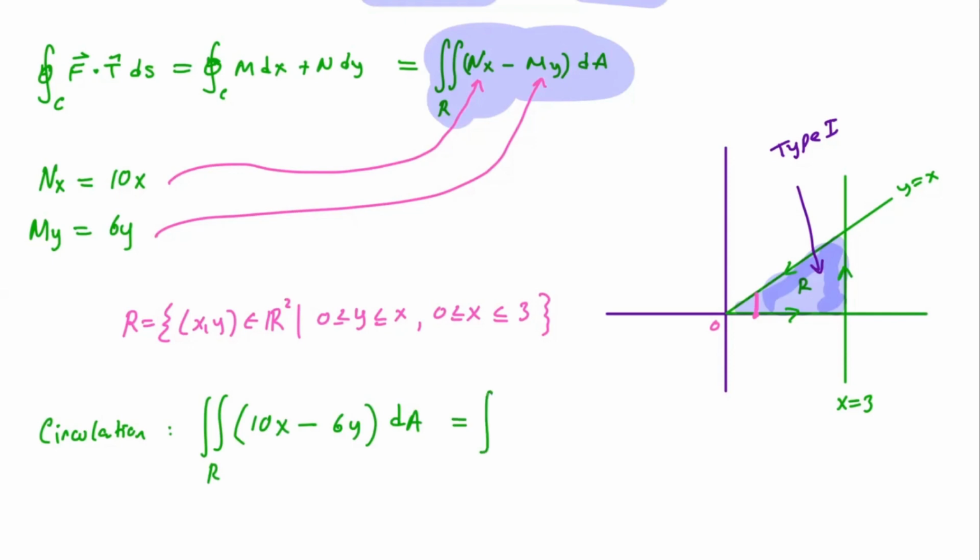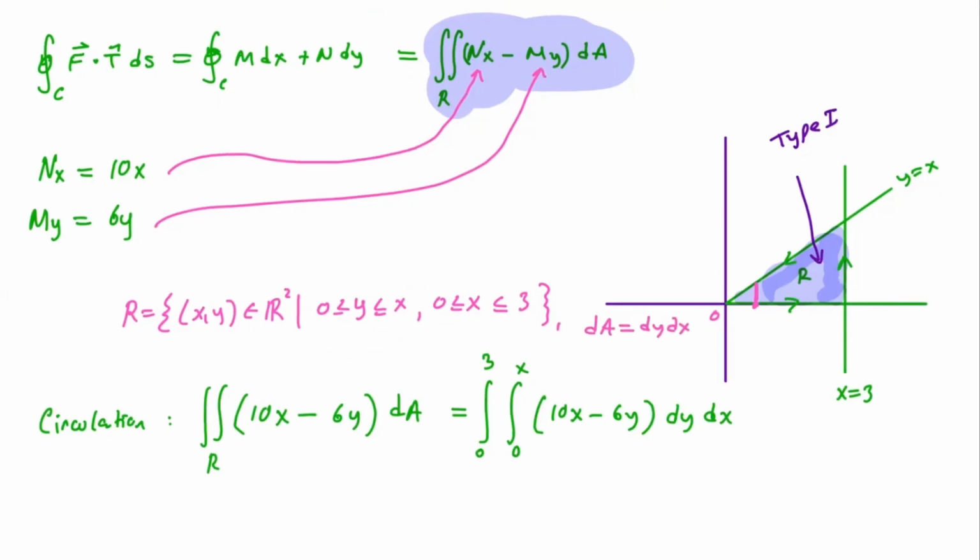So our inner integral goes from 0 to x, that's the bound on y, and our outer integral goes from 0 to 3, and the integrand is 10x minus 6y, dy dx. So we're choosing our dA to be dy dx.